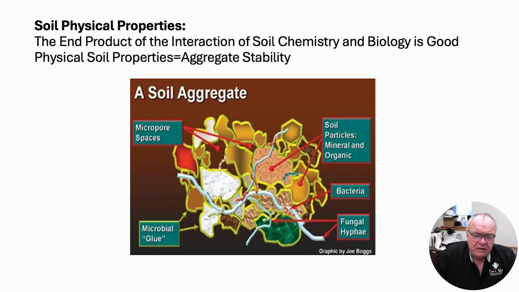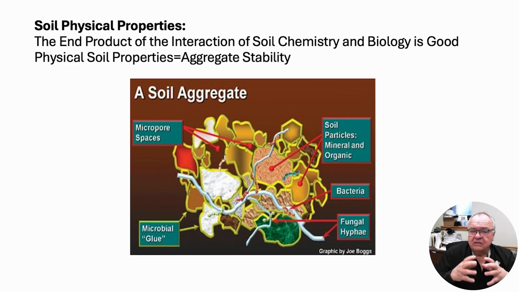Now, we really think that soil chemistry and soil biology point to good soil physical properties. At the core of that is our soil aggregate, or aggregate stability. These are soil particles held together by organic matter, by bacteria, by fungal hyphae, and also by microbial glue like glomalin that's produced by the fungi.